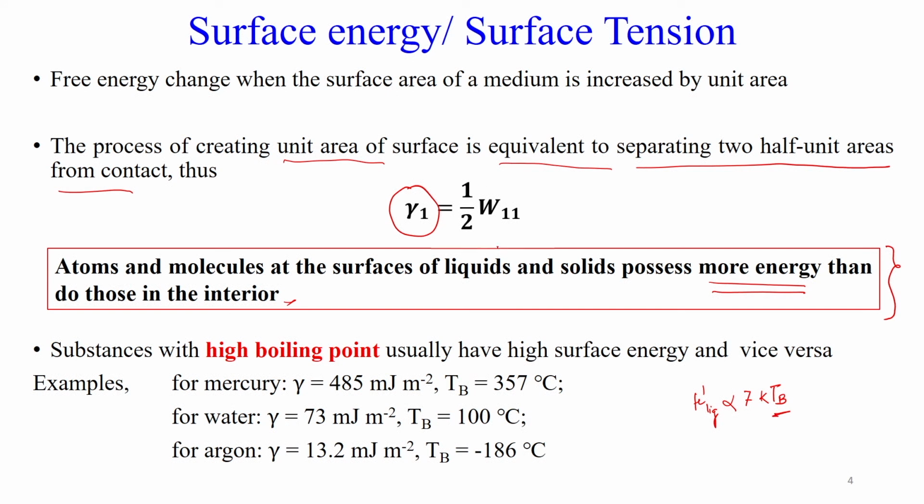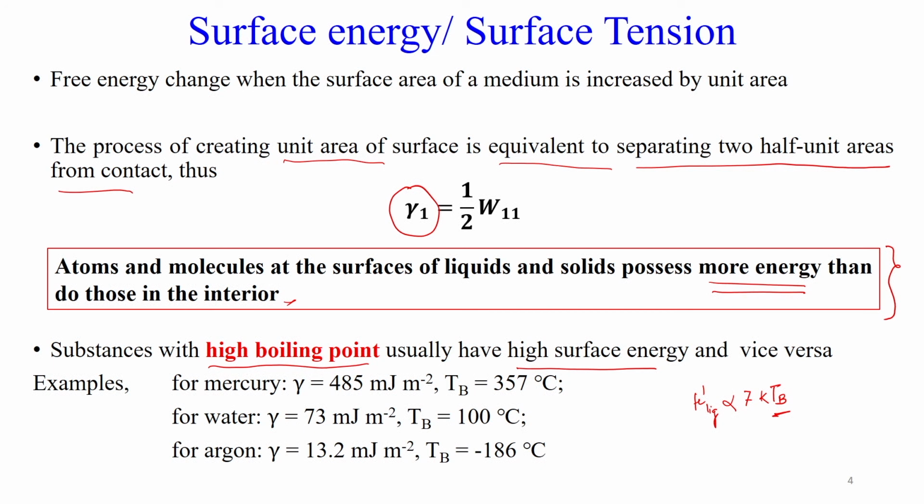Now, as we can see, this work of adhesion is directly related to the surface tension or surface energy. So, we should have a similar observation in terms of surface energy. Here it says that a substance with a high boiling point will have a higher surface energy.